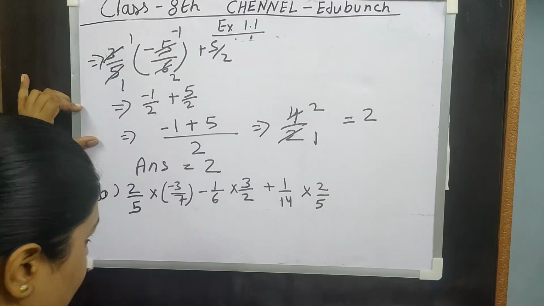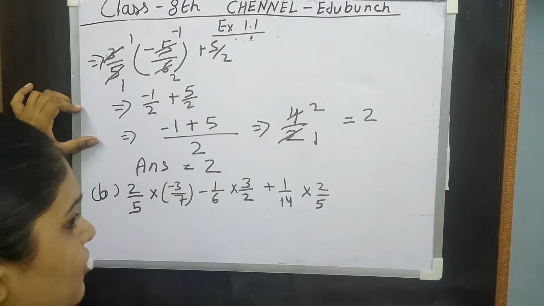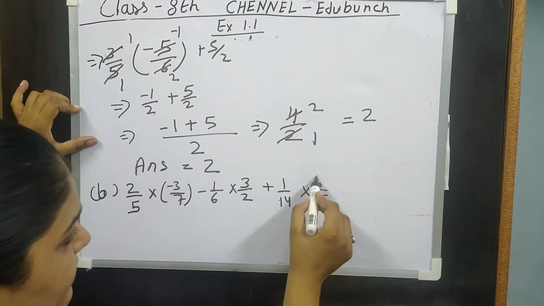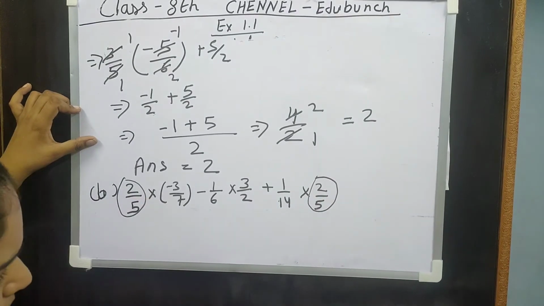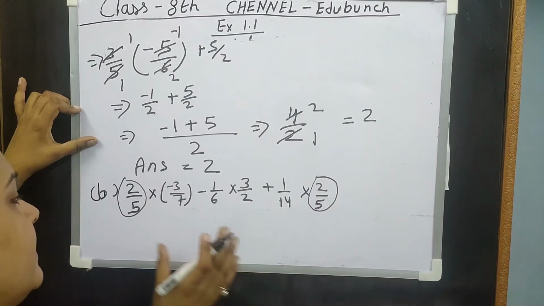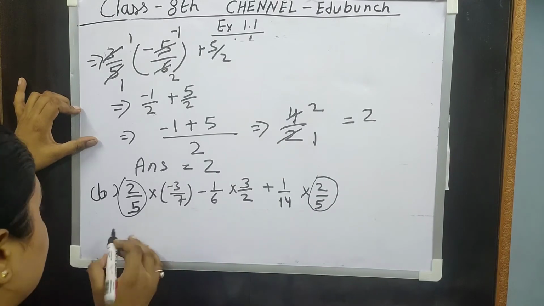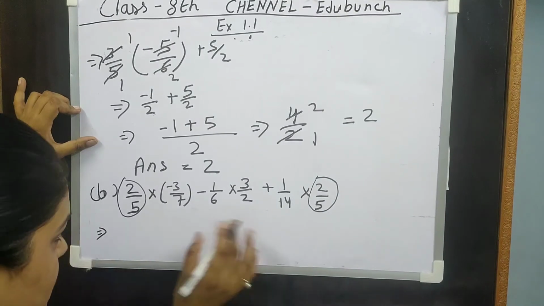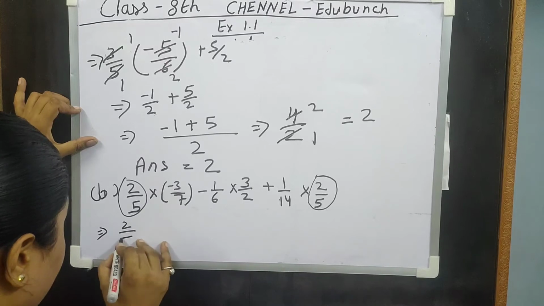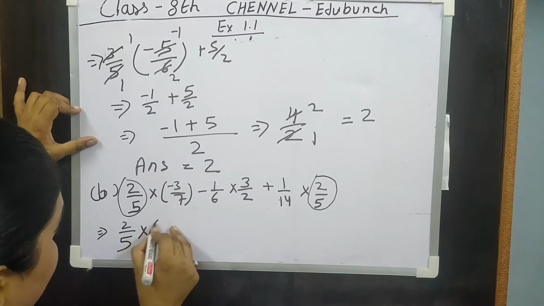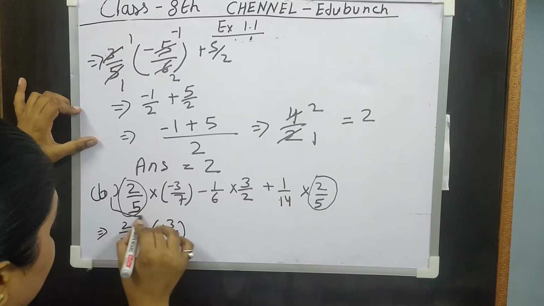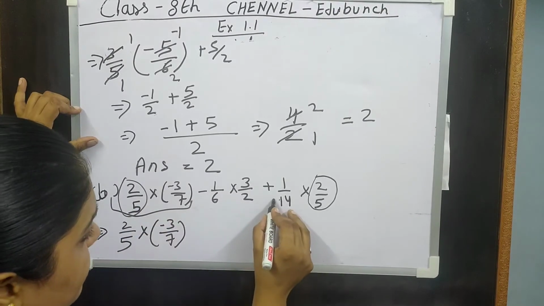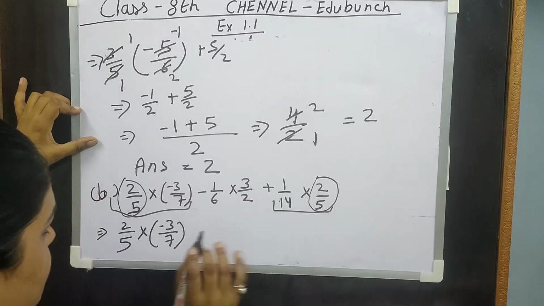Here look at the question thoroughly, and we will get 2 upon 5 and 2 upon 5 as a common. So what we will do, we will write them in a close way. Minus 3 upon 7, these digits become close to each other.